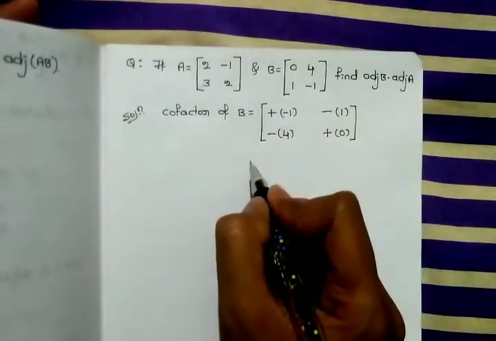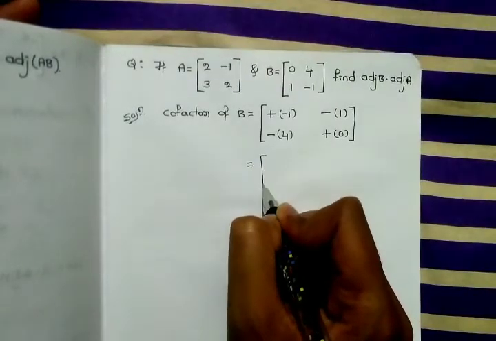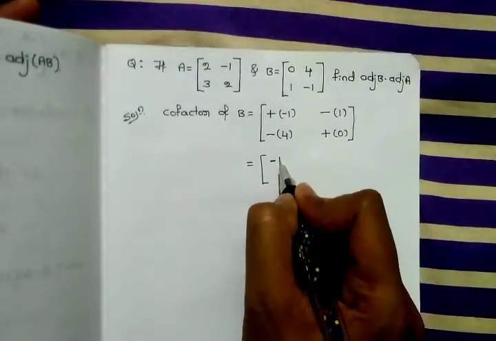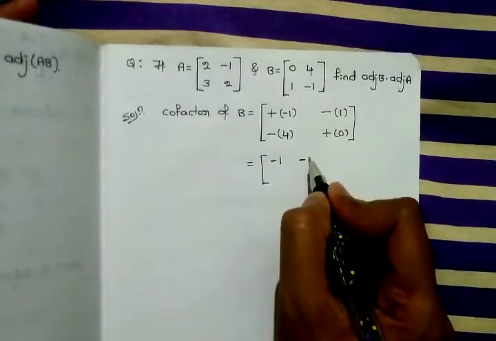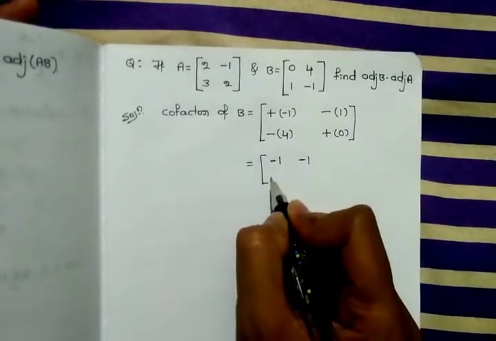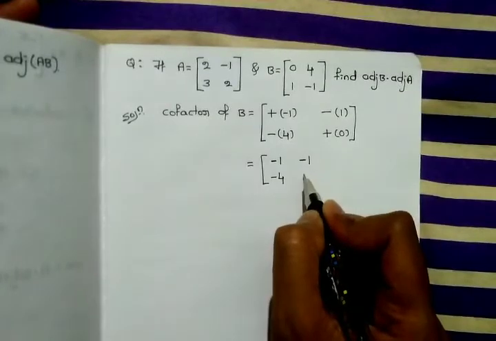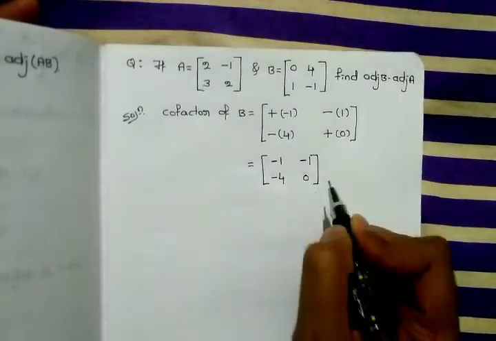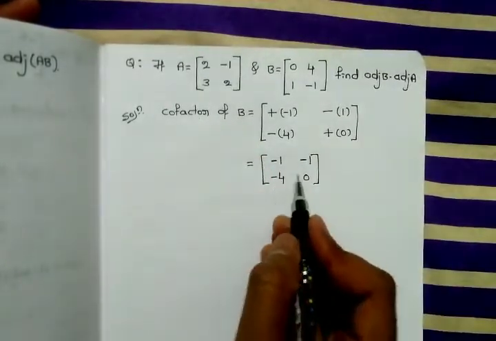So multiply the sign. So which is equals to plus into minus is -1. Minus into plus is -1. Minus into plus is -4. Plus into plus is +0. So this is cofactor of B. Now take the transpose of this.